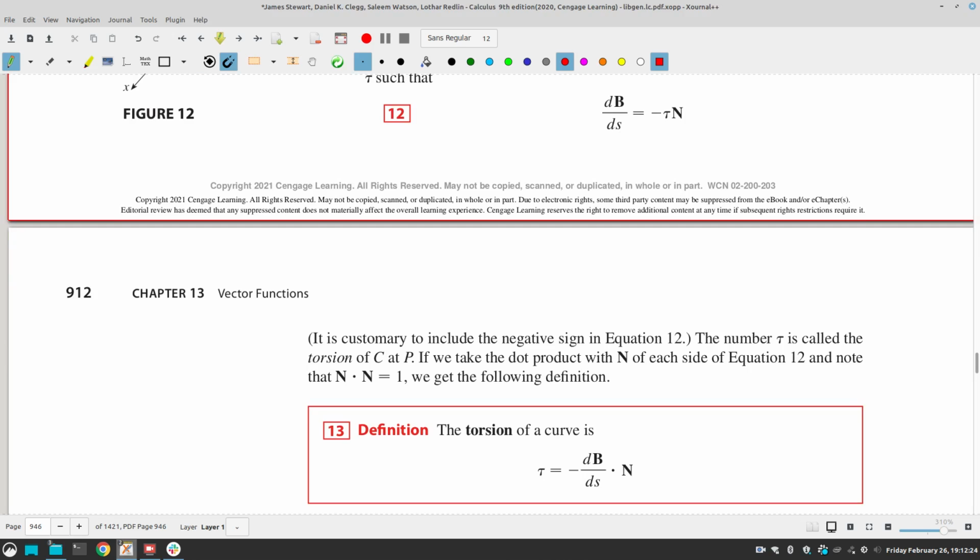N is a unit vector, of course. So N dot dB over ds equals negative tau N dot N. N is a unit vector, so this is equal to negative tau. So tau equals negative N dot dB over ds.